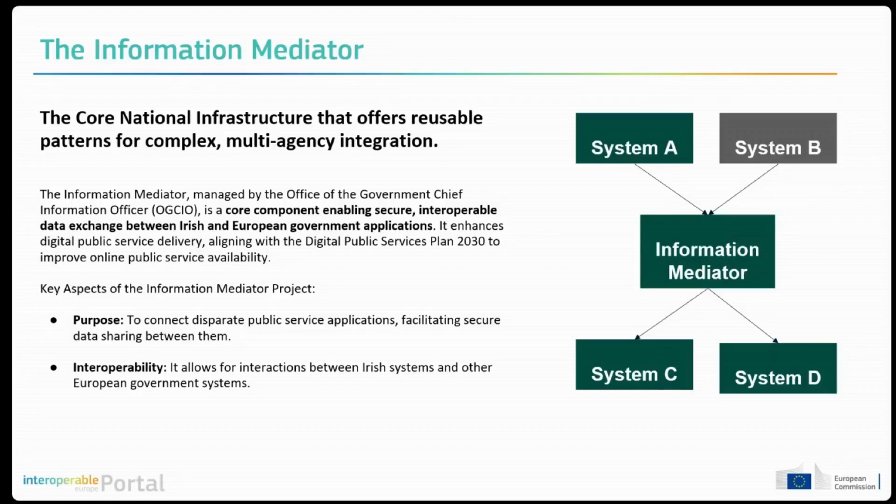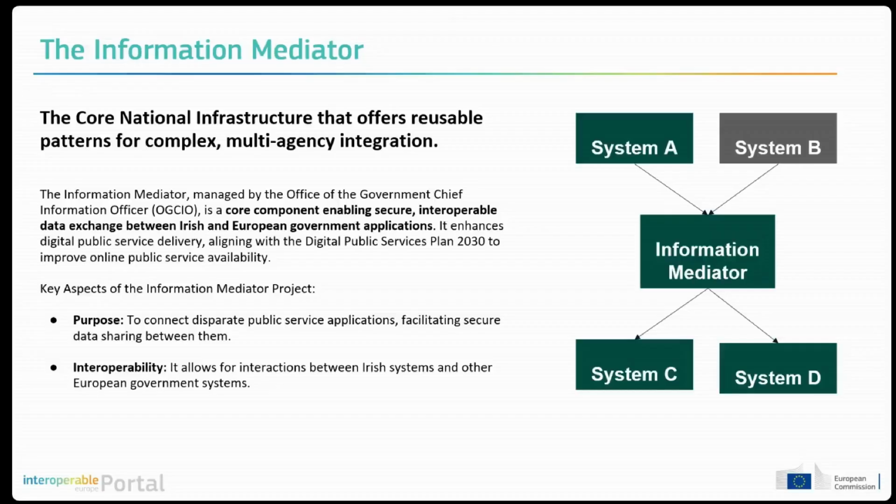They could establish a direct connection, establish agreements, and create a whole project to do that. But then we're doing it through the Information Mediator. What happens is that the Information Mediator is built in a way that it can be reused later by system B that now wants to connect to the very same department.